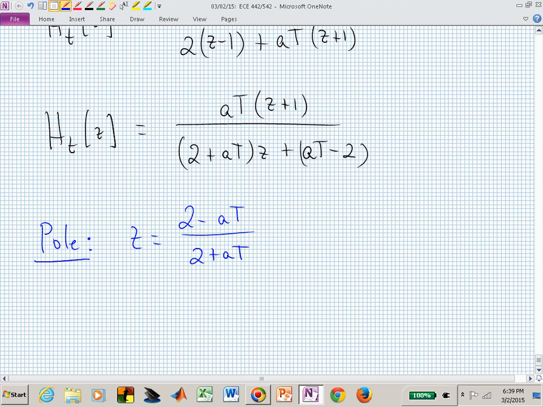Does that seem like it's reasonable? AT is a small positive number. We're subtracting that from 2, so we have something a little less than 2 upstairs. We have something a little bigger than 2 downstairs. That's less than 1. Good. And it's real. We didn't have any complex numbers floating around.